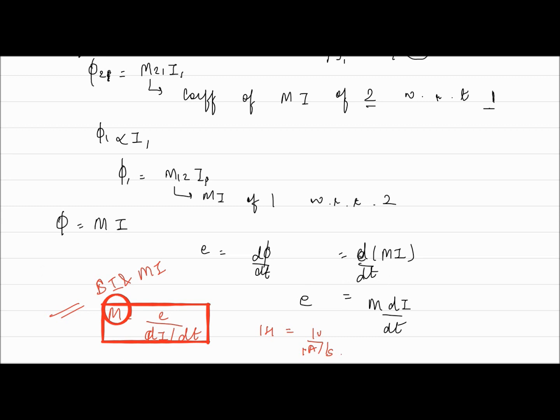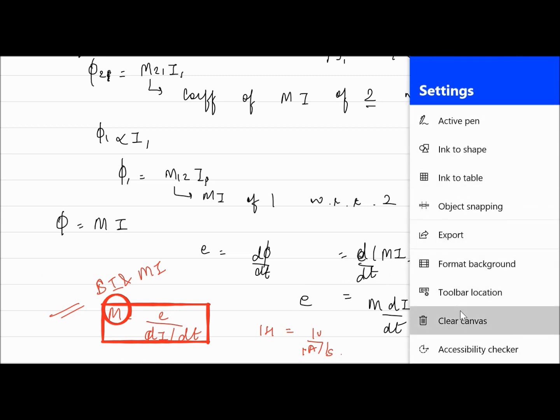So now we'll find the expression for the coefficient of mutual induction due to a pair of coils. We'll consider two coils.